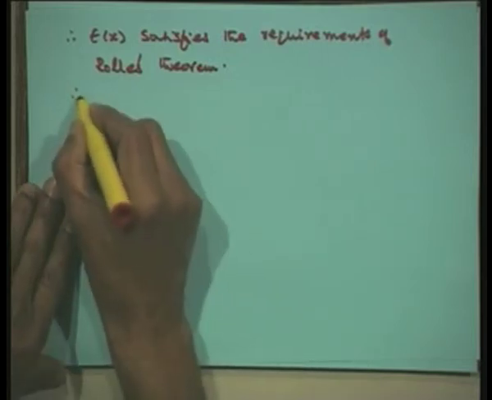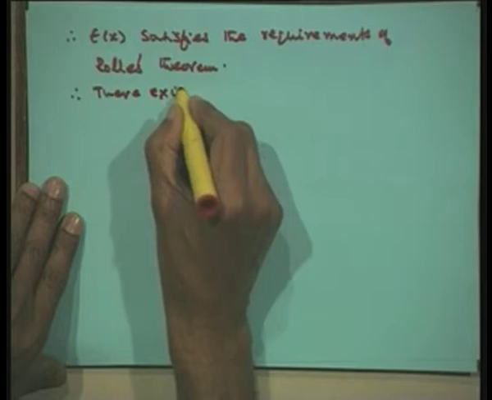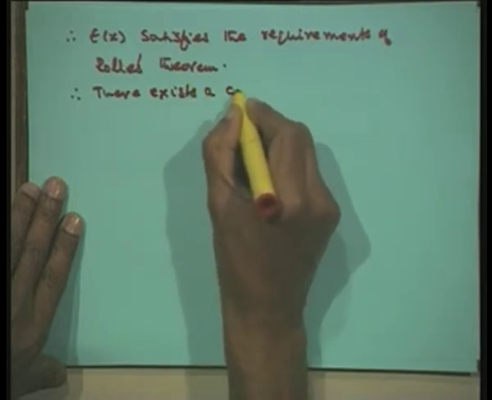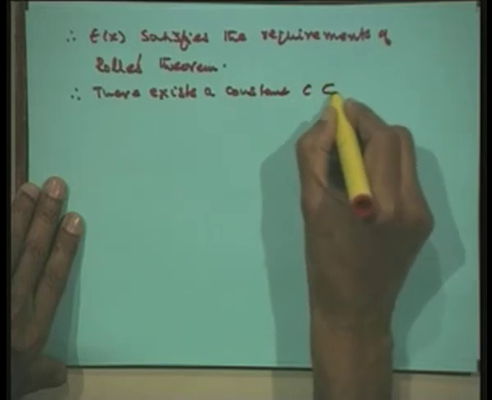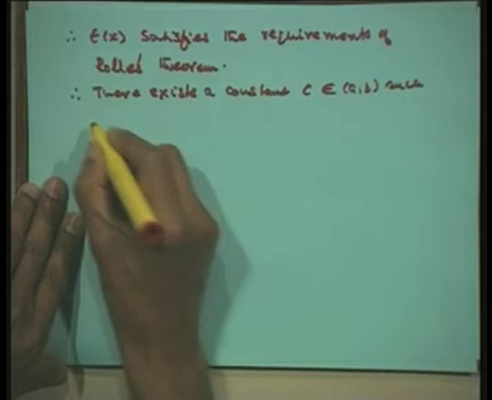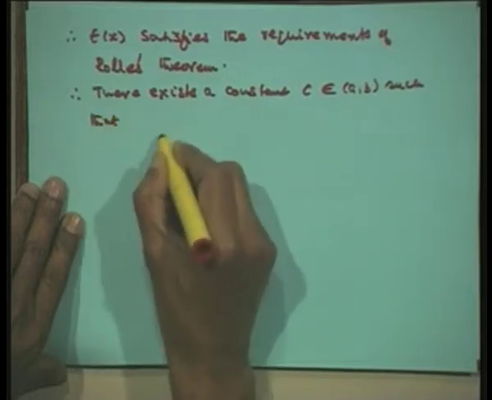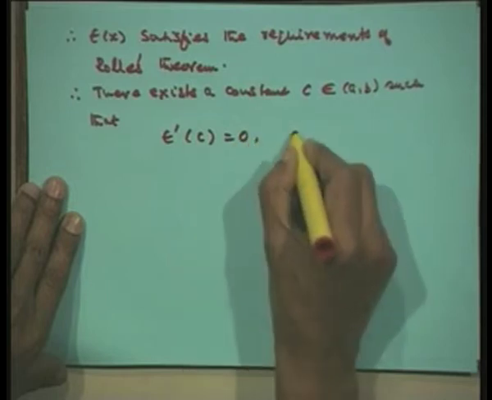Therefore, there exists a constant C contained in the interval a b such that epsilon dashed C is equal to 0.